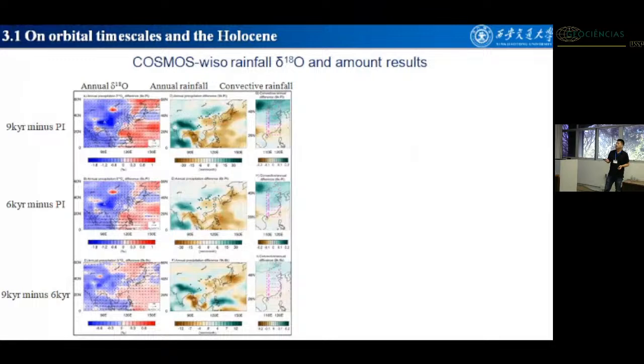It shows that for δ18O values at large scale, when the insolation is strong, it means the monsoon is strong, and the large-scale precipitation δ18O is lower. But for rainfall, North China is wet and South China is dry, so it's different from precipitation δ18O.